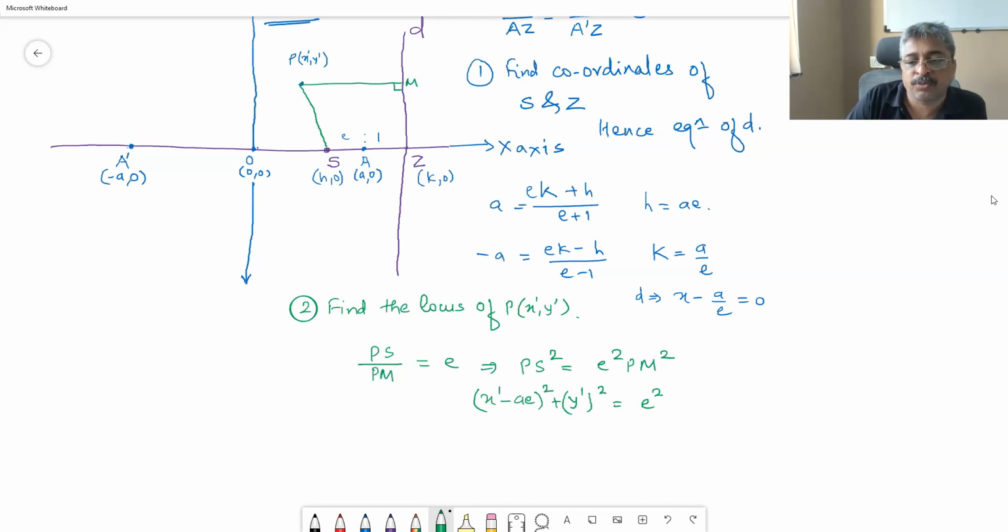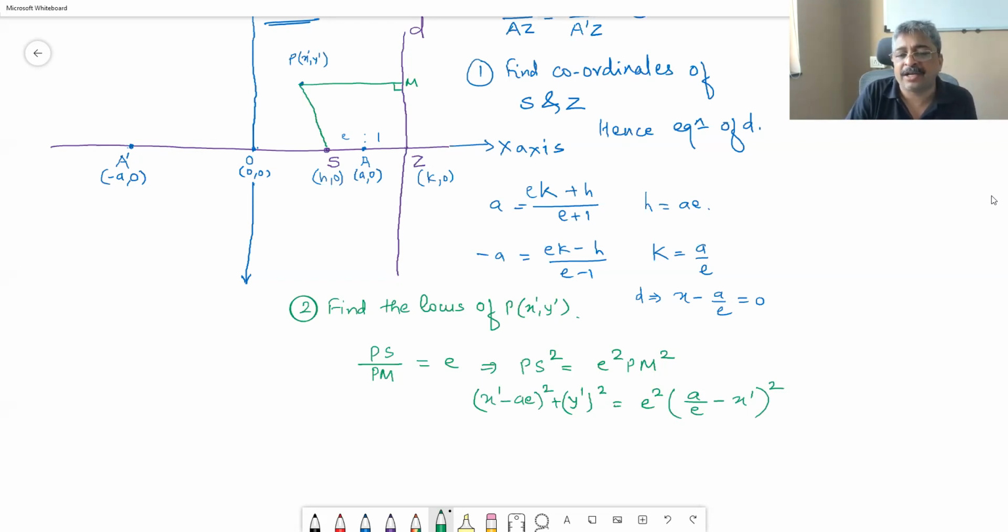The distance of (x', y') from this line is easy, na? It is parallel to the x-axis, therefore it is (a upon e minus x') whole square. So this is the geometric condition.